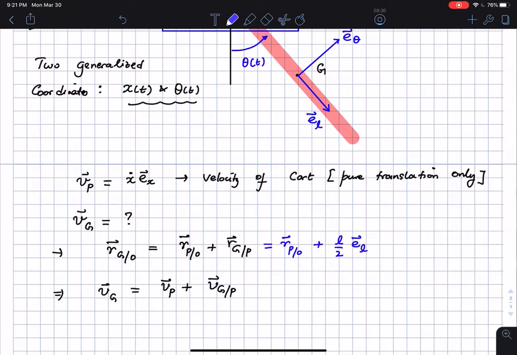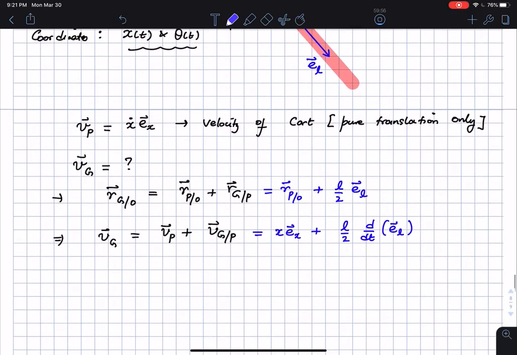You can see that the angular velocity of the frame attached to the pendulum is theta dot, and so if you do the velocity, it is x dot Ex plus L by 2 d by dt of EL. If I complete this, it gives me the following.